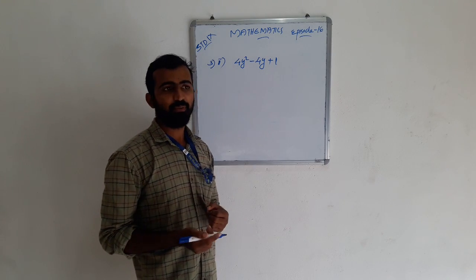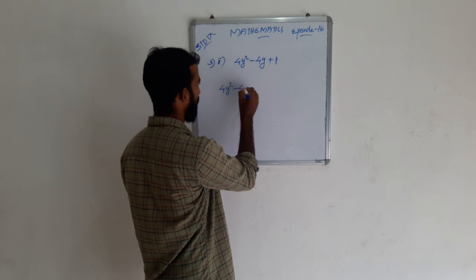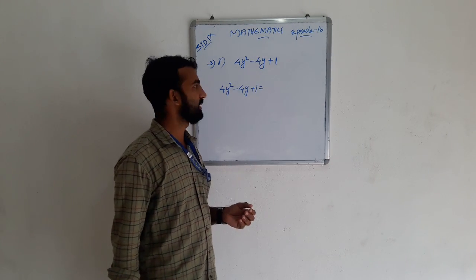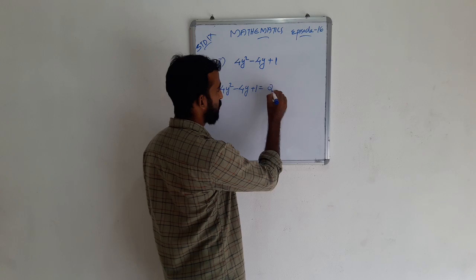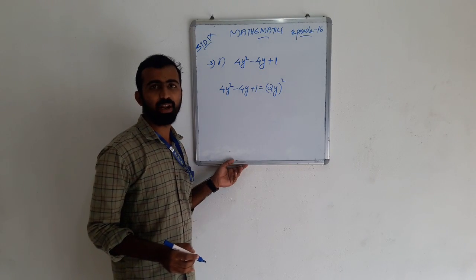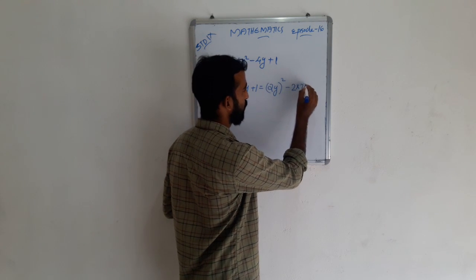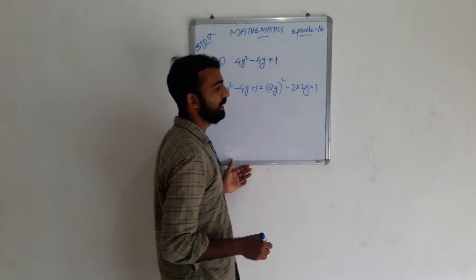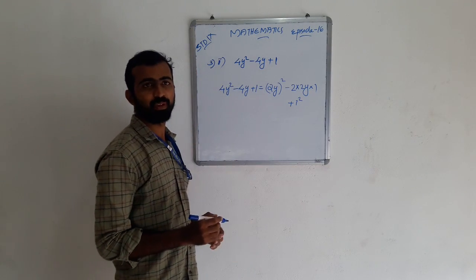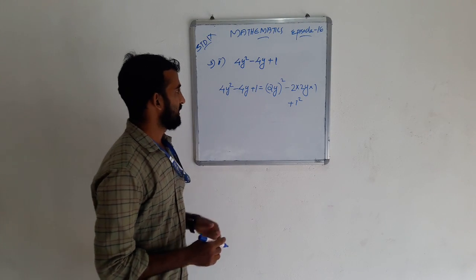In 4y square, what can we write? 4y square minus 4y plus 1 equals, we can write, 2y the whole square, minus 2 into 2y into 1, plus 1 square. Can we write like this?